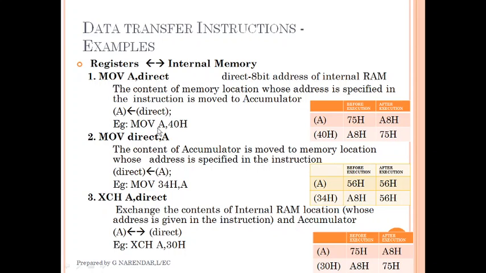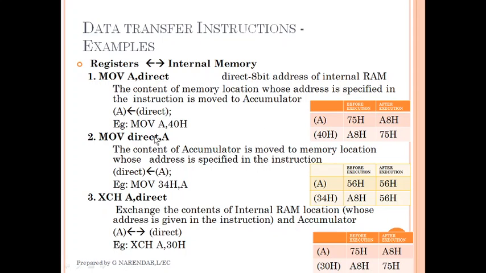So we'll see one example and explain this. The example instruction is MOV A, 40h, and here you can see that there is no hash symbol before 40h. So this 40h indicates the address of a certain internal RAM location.